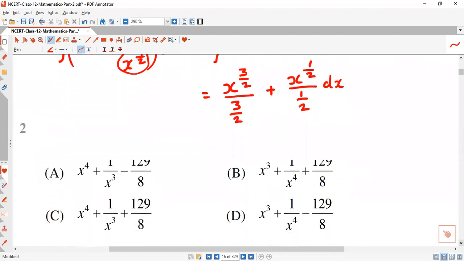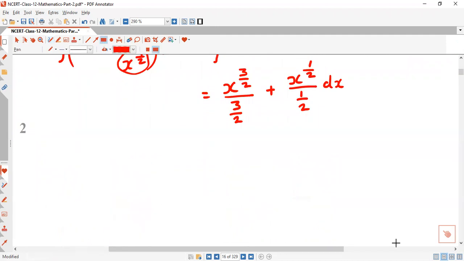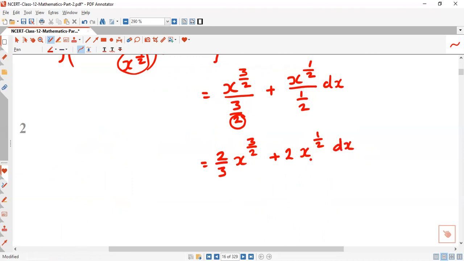The 2 will go in the upper side, so the terms are 2 by 3 x raised to 3 by 2 plus 2 times x raised to half, plus some constant c, and also here some constant c.